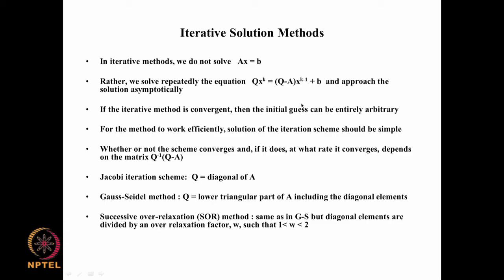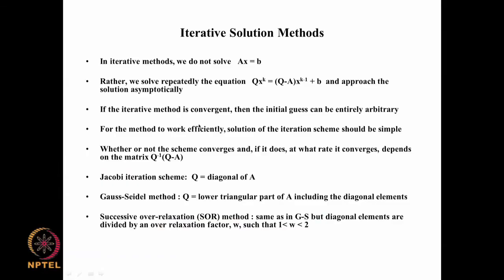And we have already seen one such iterative method, the Gauss-Seidel method, in the very first module and very first part of it. For the solution of flow through a rectangular duct, we made use of the Gauss-Seidel method, and that belongs to the class of iterative solution methods.